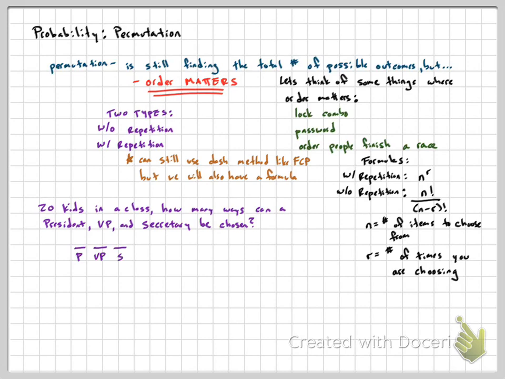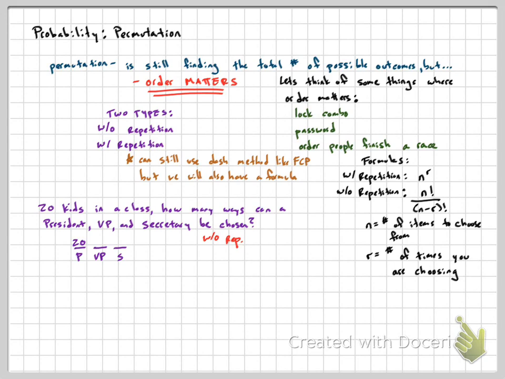Now, if there's 20 kids in the class and we're trying to pick a president, that means we have 20 options to choose from. But once we pick that person for president, they cannot also be vice president. So this is a problem without repetition. Very important to understand.